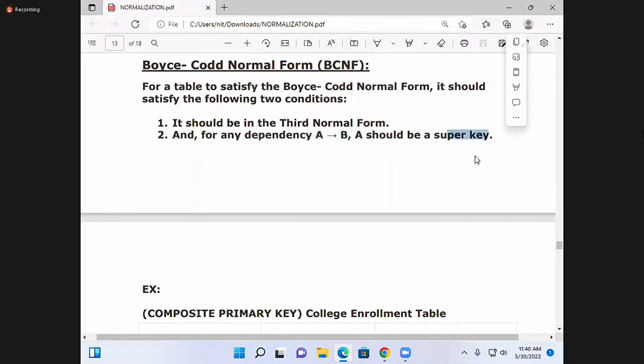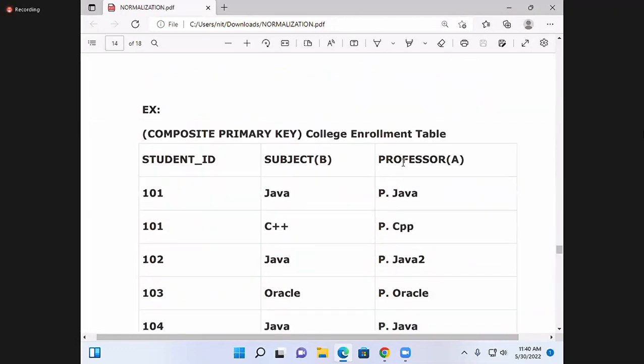And we said in the last class that super key, primary key, candidate key, and composite primary key are all the same here. If professor is A and subject is B, then professor depends on subject, but professor is not a super key, meaning it is not a primary key.